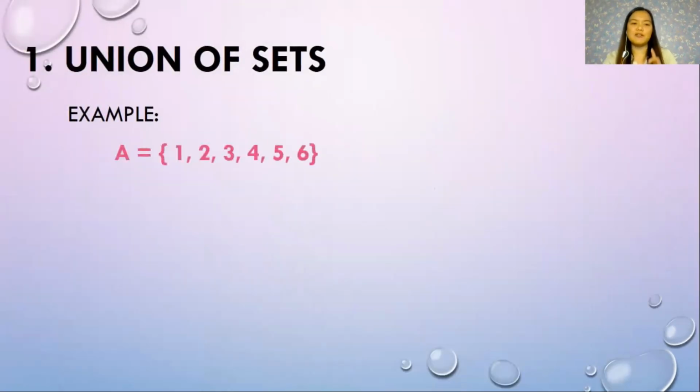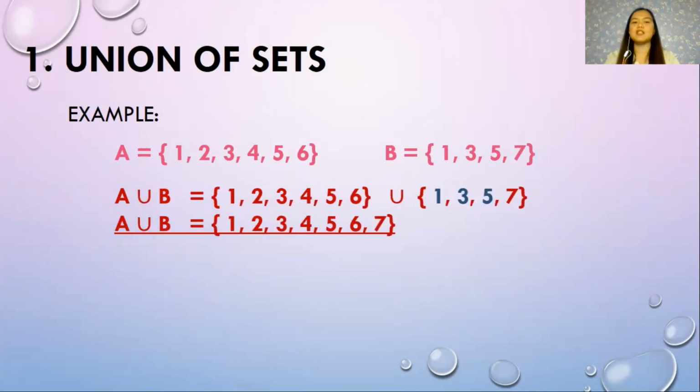For example, you have set A to have the elements 1, 2, 3, 4, 5, 6. And set B to have the elements 1, 3, 5, 7. So, the union of that, isulat natin muna. I-substitute natin si A, kopyahin natin yung given: 1, 2, 3, 4, 5, 6.